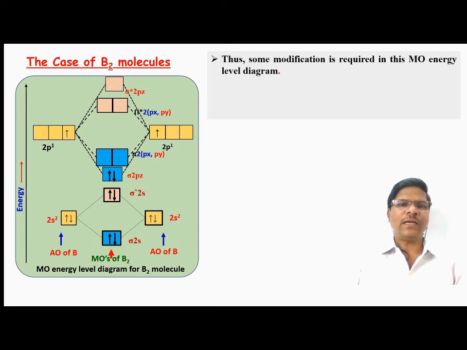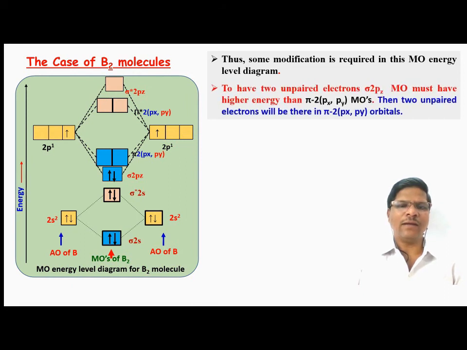The modification can be done on the basis of the observed paramagnetic nature of the boron molecule. This indicates that in the B2 molecule, sigma 2pz must be higher in energy than pi 2px and pi 2py molecular orbitals. If this change is done, what will happen? Two electrons will be unpaired in the pi 2px and pi 2py orbitals.